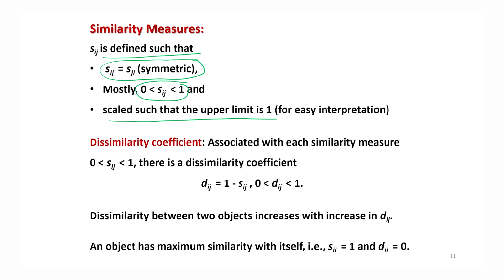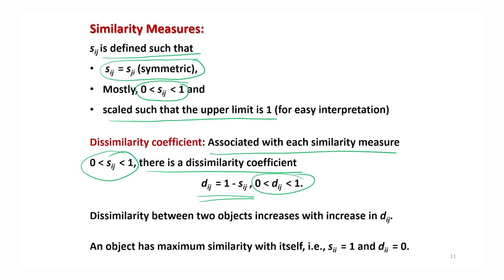Associated with each similarity measure which lies between 0 and 1, indicated by Sij, there is also a dissimilarity coefficient, defined here as Dij equal to 1 minus Sij. So Dij will always lie between 0 and 1.